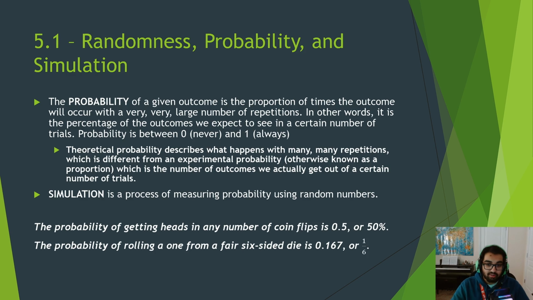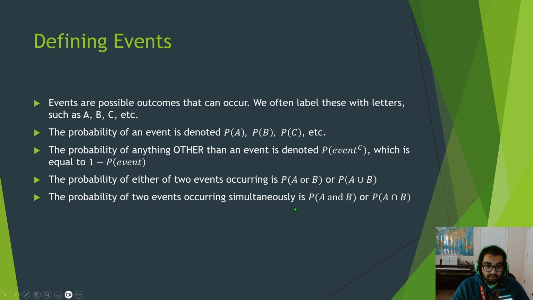Just talking about that real quick, the probability that I roll a 2 is 1 out of 6, and the probability that I don't roll a 2 is the probability of 2 complement, which is 5 out of 6. So that's basically how that works.